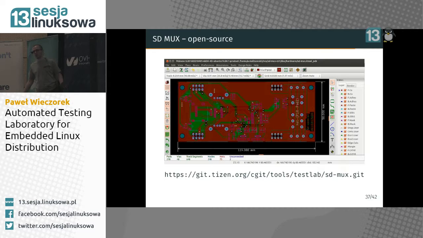Also, no proprietary software is necessary for reusing those schematics, as the whole board was designed and prepared for manufacture using KiCad, which is also open source and available to everyone interested.